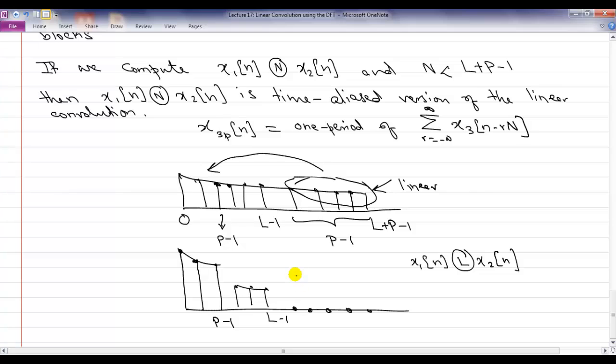So what circular convolution is doing effectively is corrupting the first P minus 1 samples of your output. But after P minus 1 samples, the output samples are the same as if you had done linear convolution. Okay, these are sort of uncorrupted samples. So the overlap save method is based upon that.